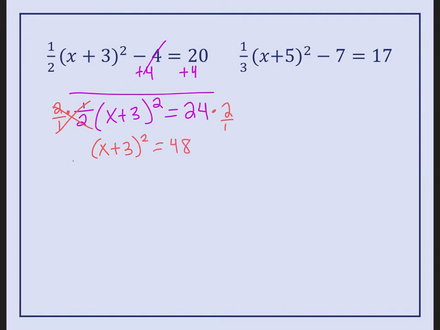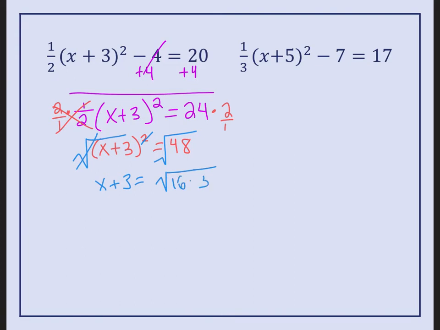Now I can take the square root of both sides. I cannot take the square root of 48 because it is not a perfect square, but I can break it up into numbers that I can take the square root of. I think about perfect squares, and 48 can break up into 16 times 3.